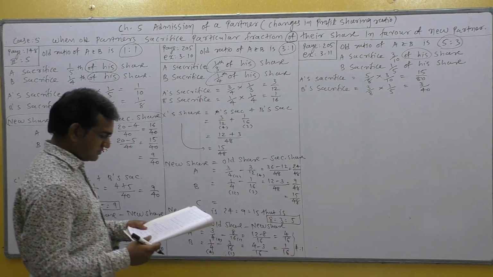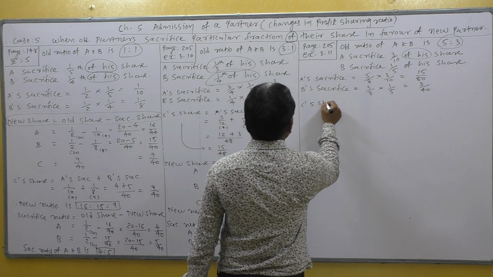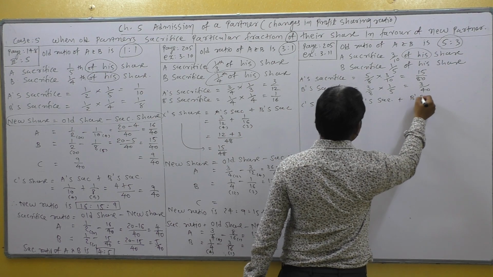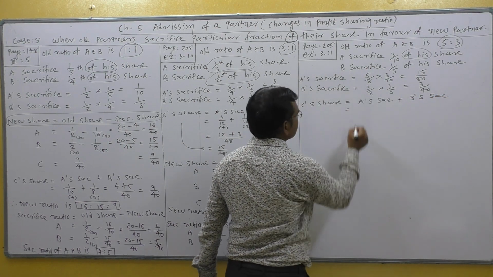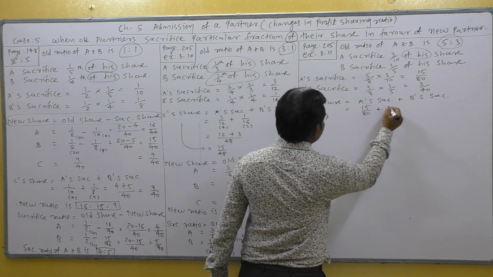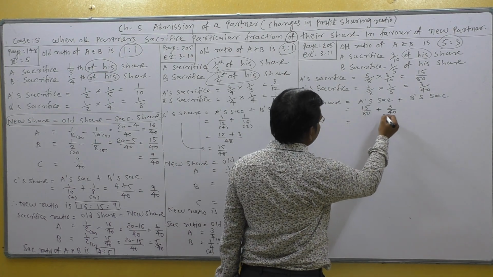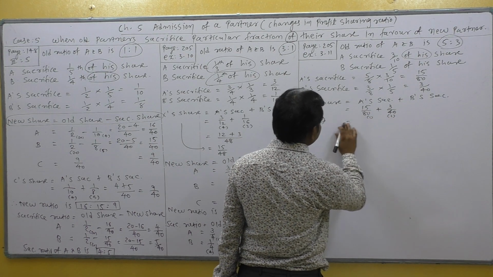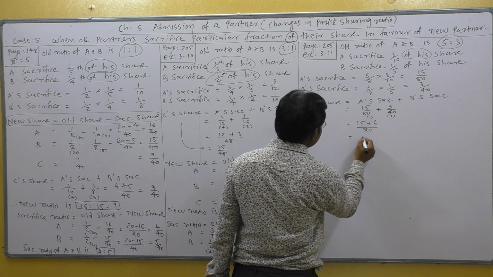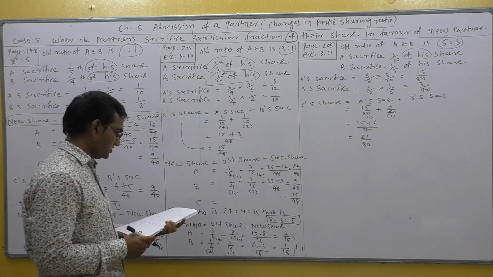And now the calculation of C's share. C share is equal to A sacrifice plus B sacrifice. A sacrifice is 15 by 80, B sacrifice is 3 by 40. Take LCM. LCM is 80. So here 1 and here 2, right? So 15 plus 6 by 80 is equal to 21 by 80. This is the new partner C's share.